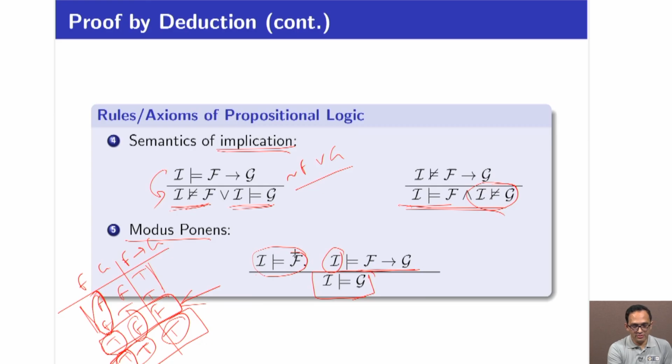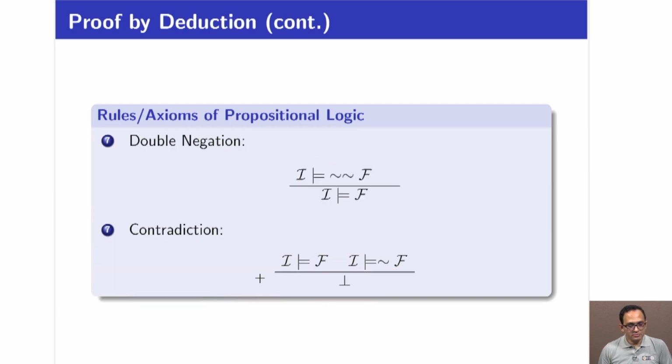I have the interpretation satisfying f, and the interpretation satisfying this, right. So, if this is the scenario, then this must be true, right. That means the interpretation must satisfy g, because in this scenario it is false, right. Okay. So, I can conclude this.